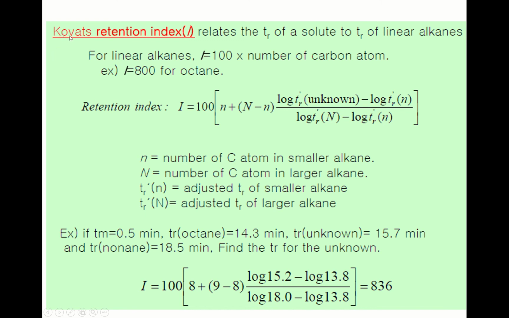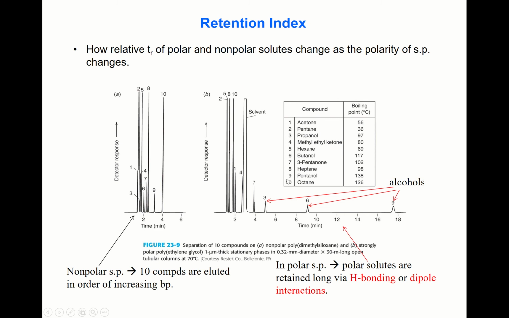In this Kovats retention index, the reference is linear alkanes like pentane, which has 5 carbon atoms, hexane with 6 carbon atoms, heptane with 7 carbon atoms, octane, and so on.